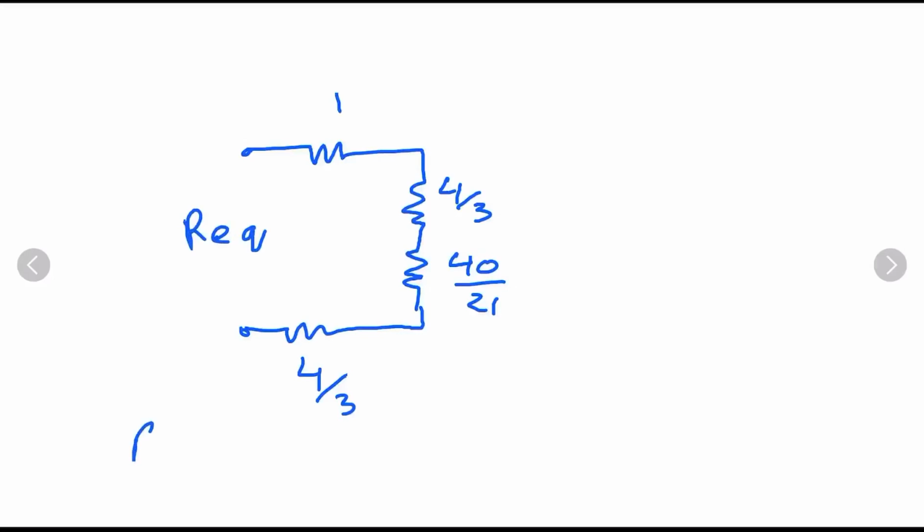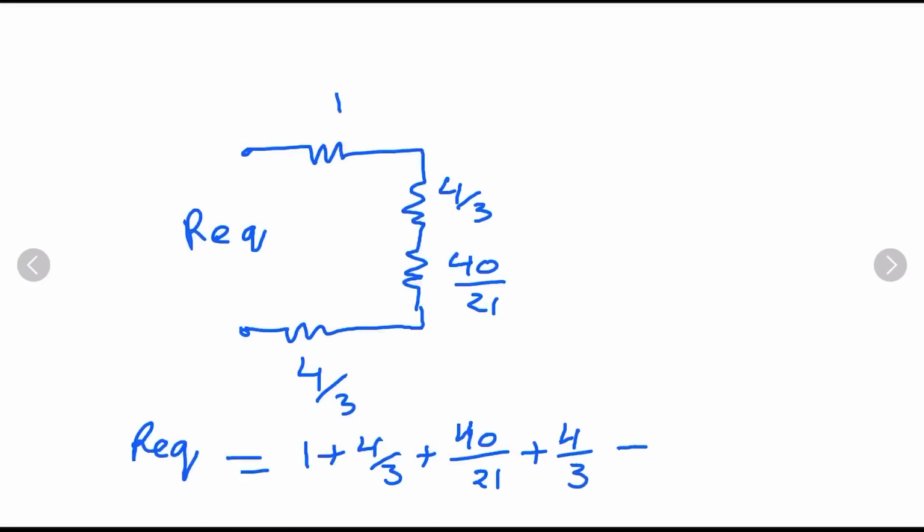So R equivalent will be 1 plus 4 by 3 plus 40 by 21 plus 4 by 3, and this will be finally, after doing all the calculation, 117 divided by 21, and that will be 5.57 kilo ohm.